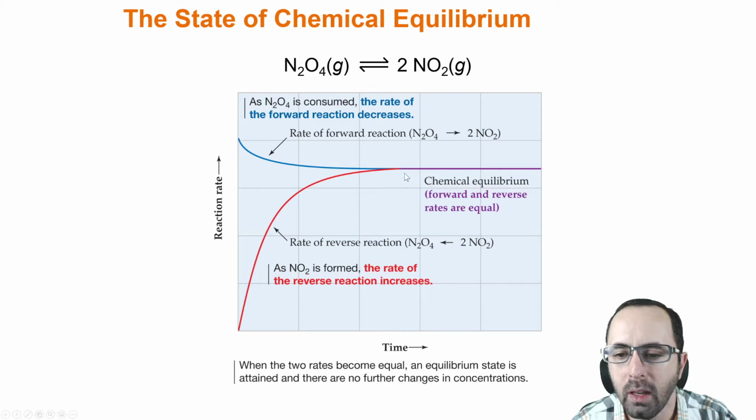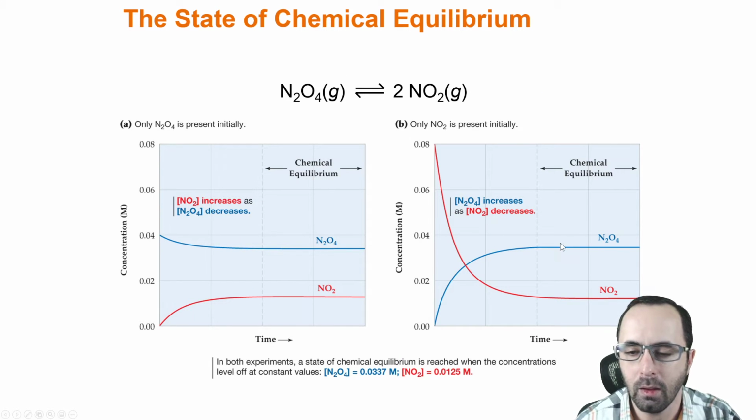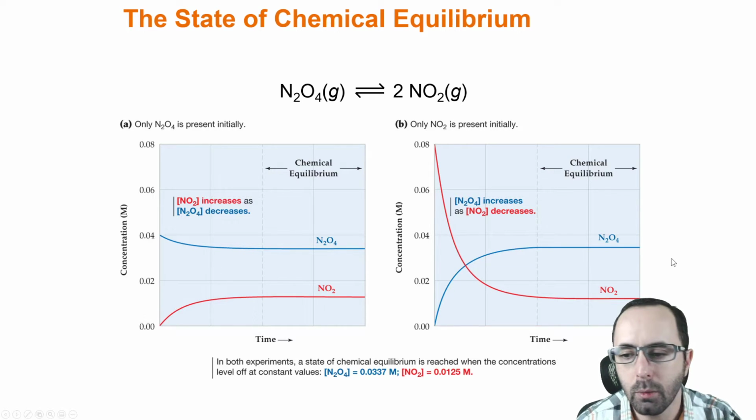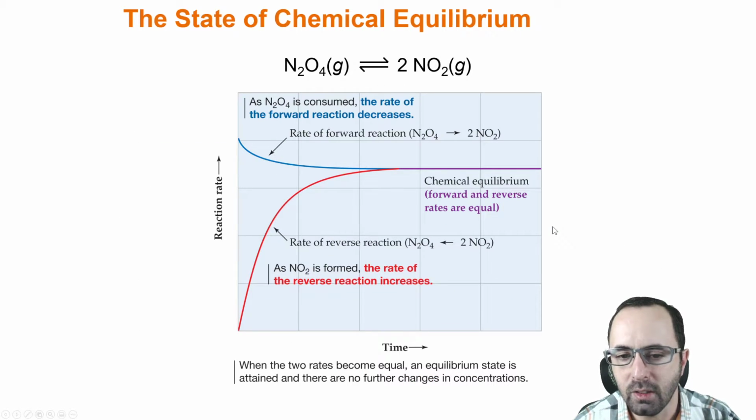And at that point, we will have reached chemical equilibrium. Now notice, remember back in the last slide, that does not mean that we have the same amounts of products and reactants. How much product and reactant we have at equilibrium will depend on what reaction we're talking about. But for all reactions, what equilibrium means is that the rate of the forward reaction is the same as the rate of the reverse reaction.